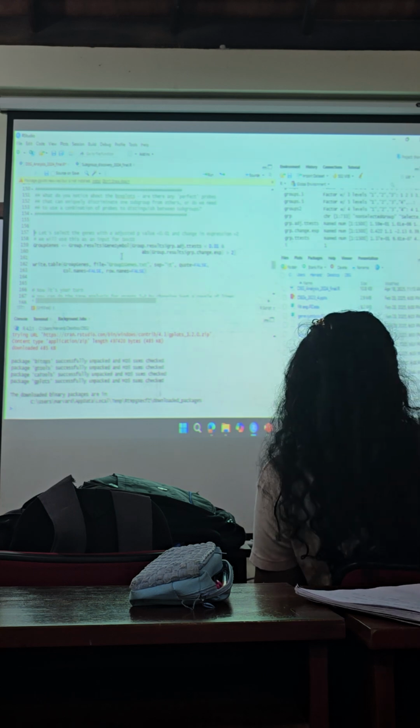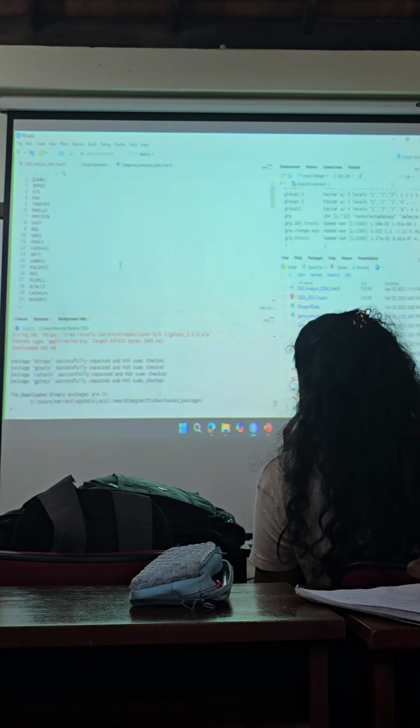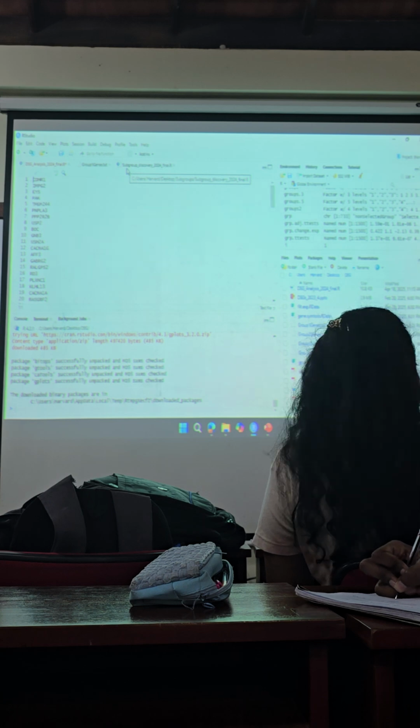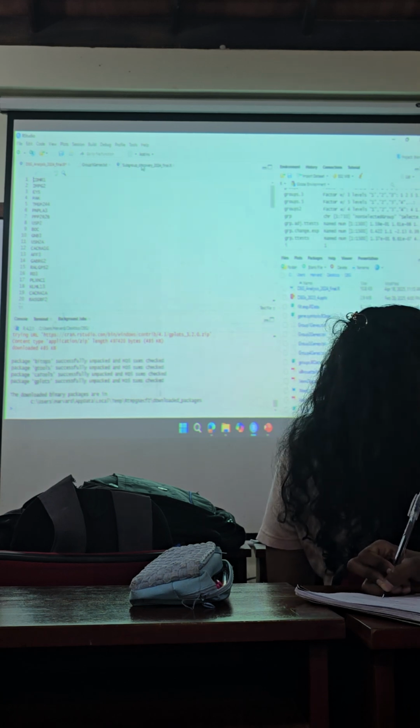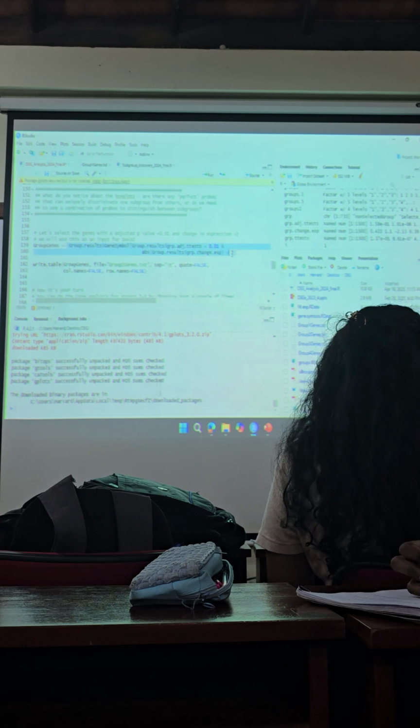For each group, we take the genes and write them onto a text file, so it will look something like this. Now for each group, you have to do this. Every gene that meets this criteria is taken into the list.